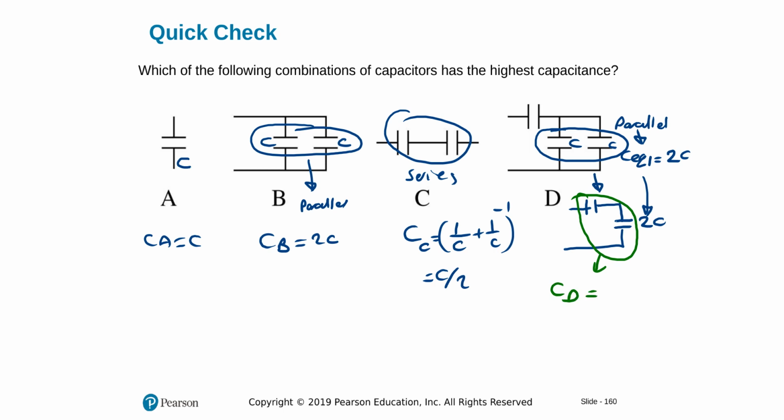It will be C equivalent as 1 over C plus 1 over 2C to the power minus 1. Let's see what we will have here. Multiply this guy by 2. I'll have 3 over 2C to the minus 1, 2C over 3. So clearly this guy has the highest capacitance. Answer is B.